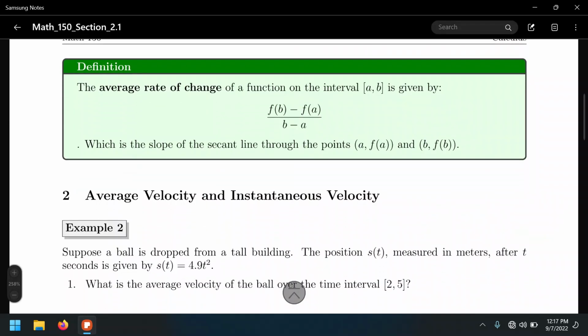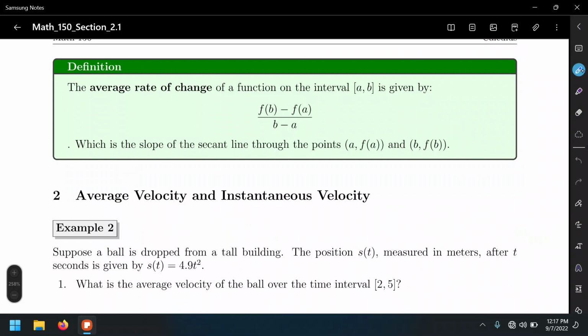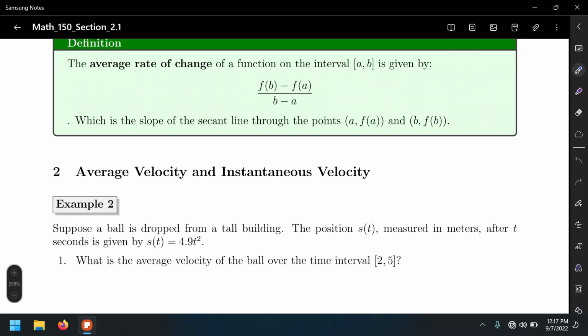So the average rate of change of a function is something you may have done also in algebra, intermediate algebra, pre-calculus. And we're going to incorporate this idea of the average rate of change into the velocity problem, because this basically looks like y of b minus y of a over b minus a.